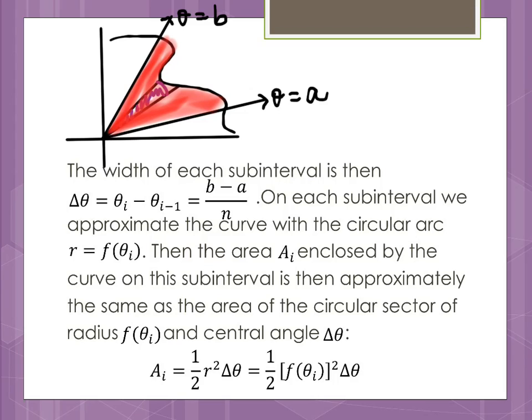And I believe that this equation down here is written correctly. So we had A sub i equals 1/2 r squared theta before. We're having delta theta now because we're using the central angle delta theta. This is 1/2, and our radius is f of theta sub i, so we're just doing a replacement there, with the radius f of theta sub i being squared, times the measure of the angle delta theta.